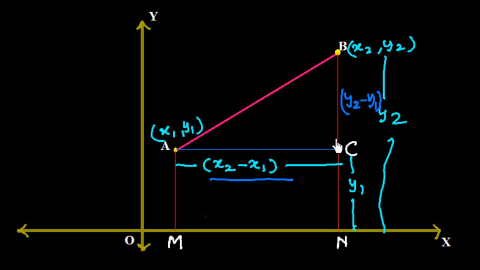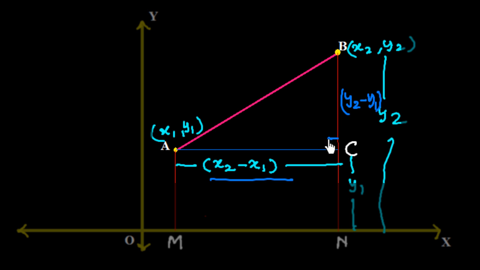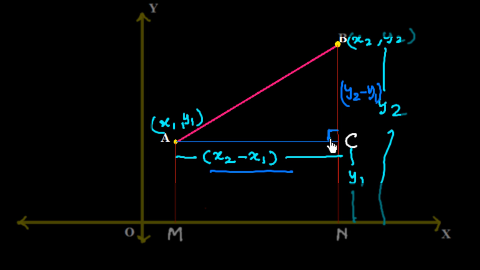Now in this triangle ABC, angle C is 90 degrees. So by the Pythagoras theorem, the square of the side opposite to the right angle in a triangle is equal to the sum of the squares of the other two sides.